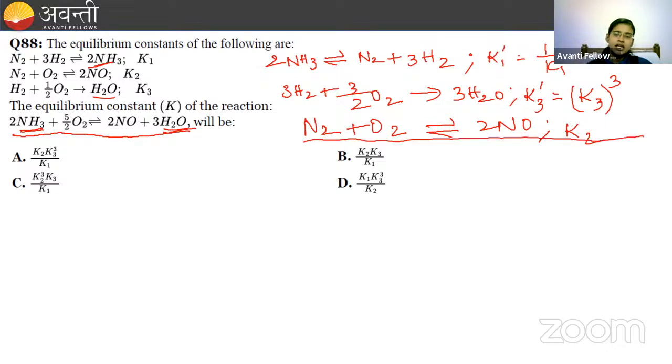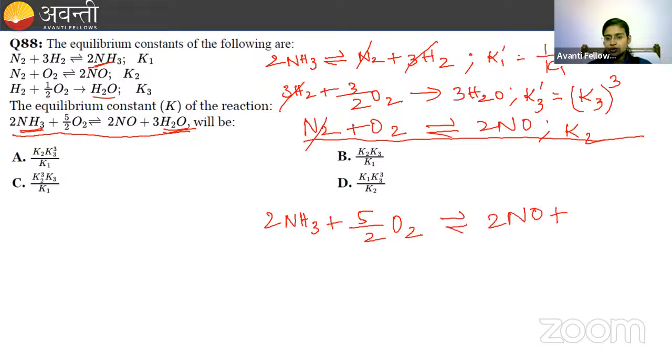Now I have to add all these equations. When I'm adding, I have to cancel the common terms, right? So 3H2 gets cancelled with each other and N2 will get cancelled with each other. Let us write the remaining: we have 2NH3 and 3 by 2 and 1 mole of oxygen, so it will be 5 by 2 moles of oxygen, which is in equilibrium with 2NO plus 3H2.